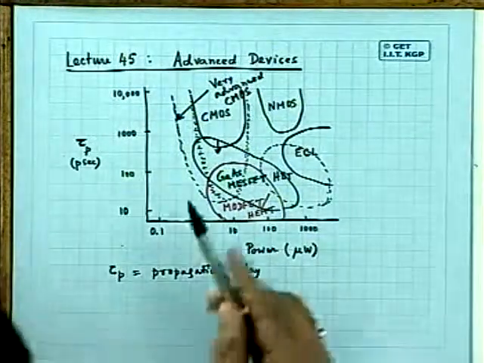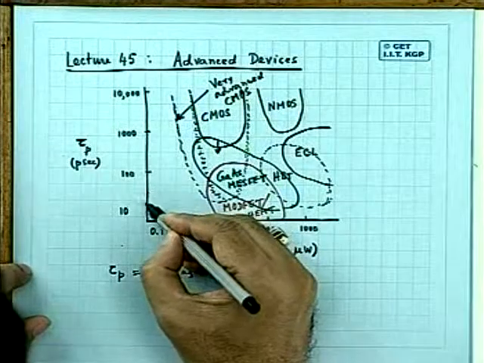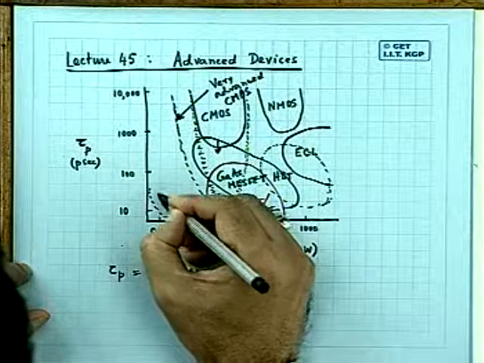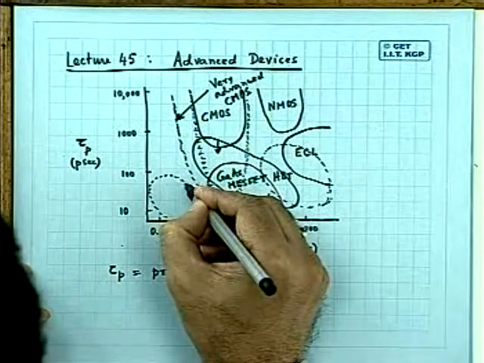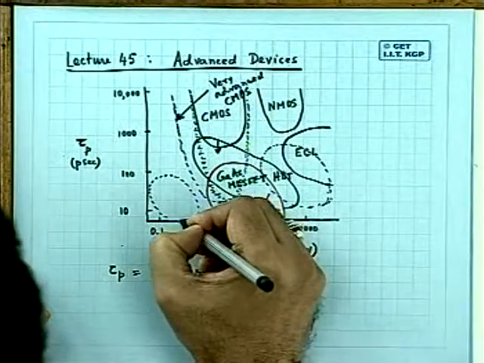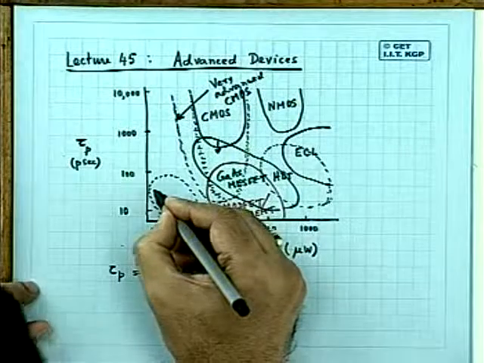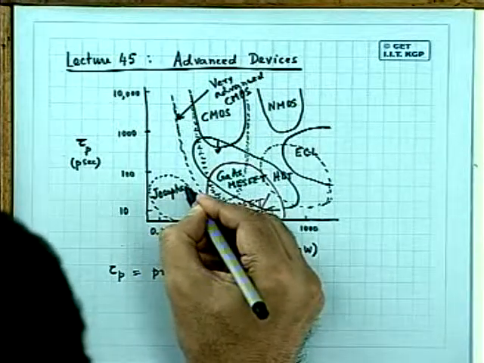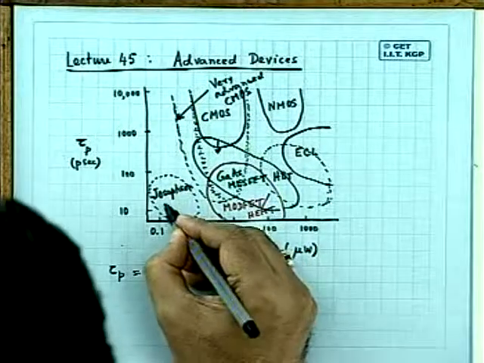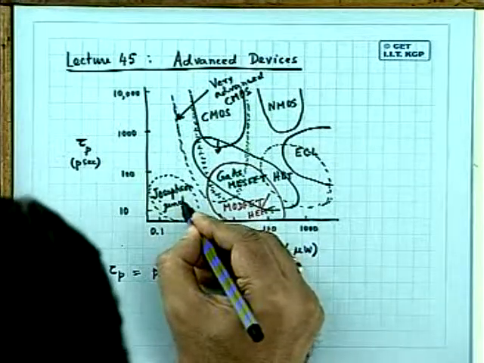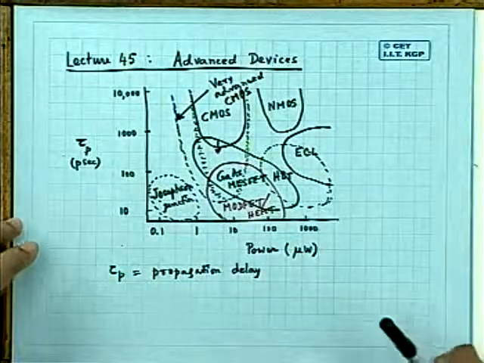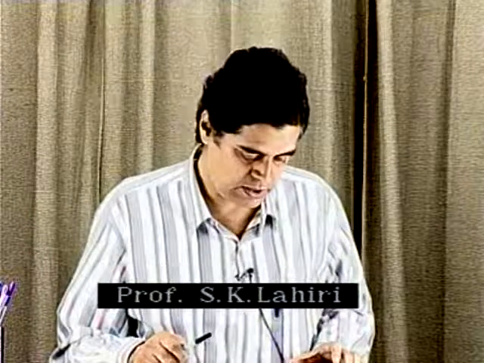Therefore, ultimately our aim is to reach somewhere here, and frankly speaking, one category of devices has the ability to go there. That is called Josephson junction devices. It's a superconductor tunneling junction called Josephson junction.